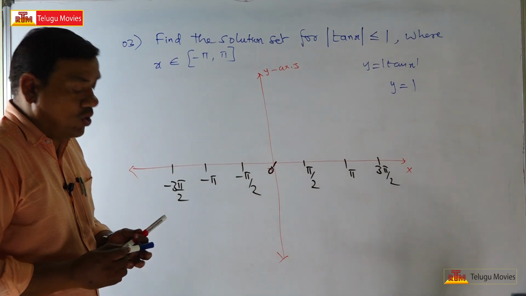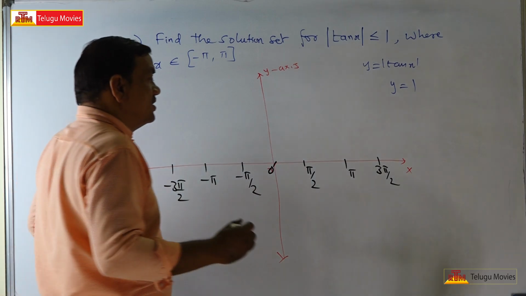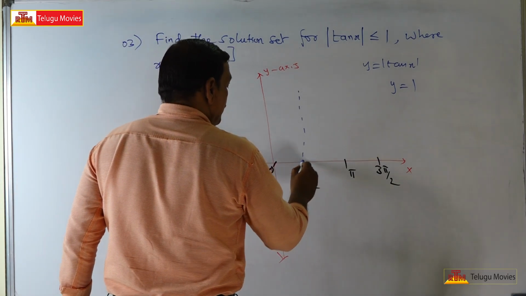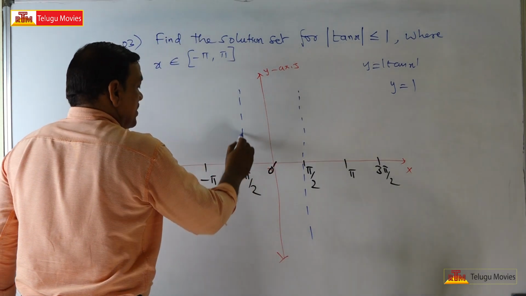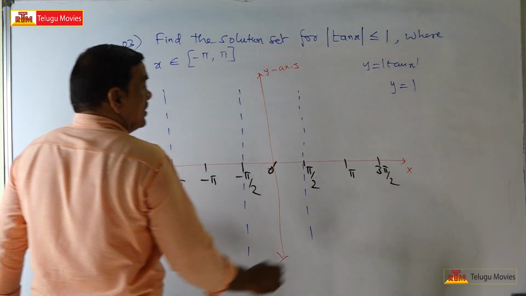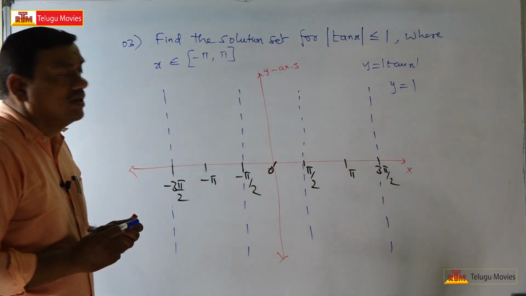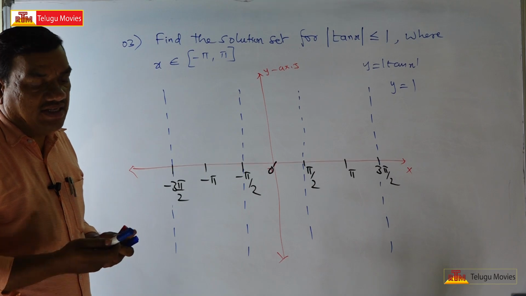Now, first of all I am going to draw the graph of tan x. At pi by 2, minus pi by 2, 3 pi by 2, and here minus 3 pi by 2, tan x is not defined.